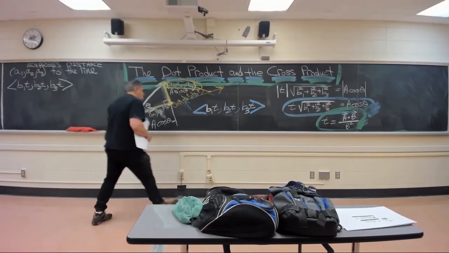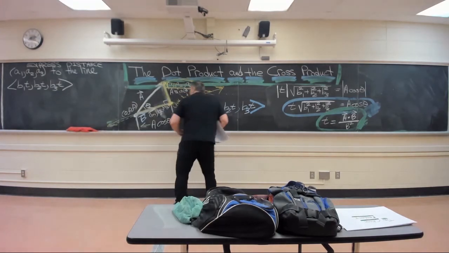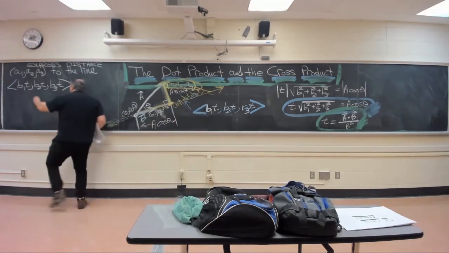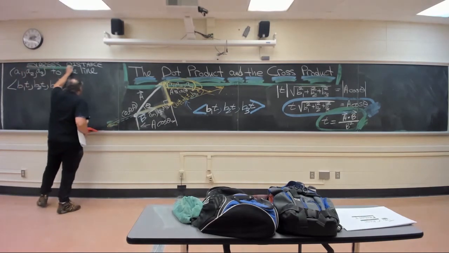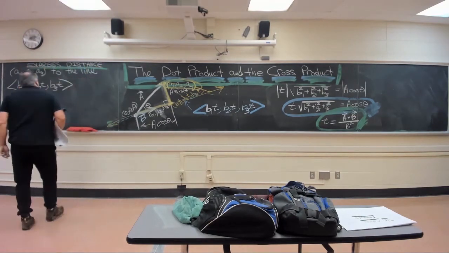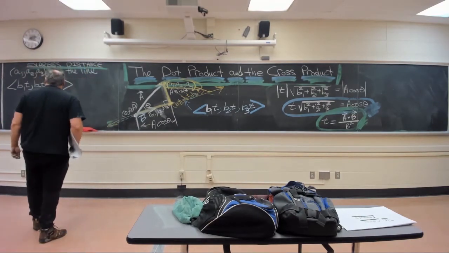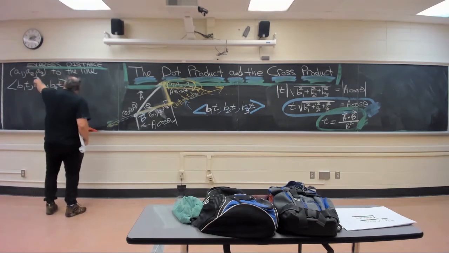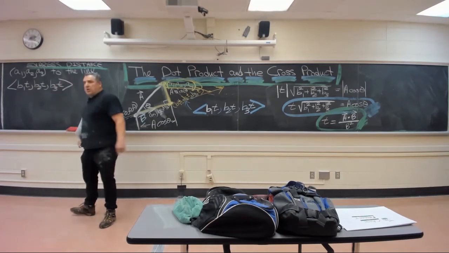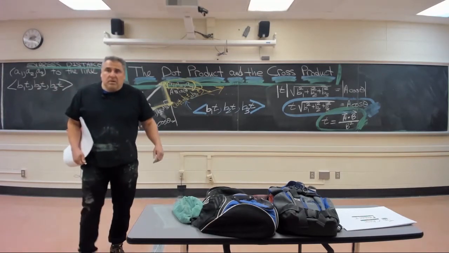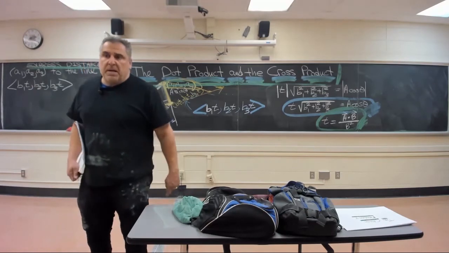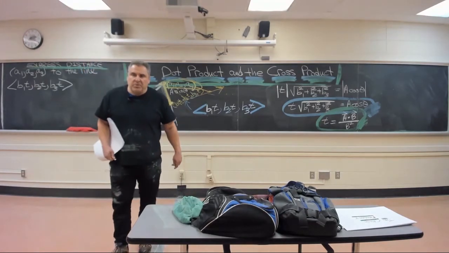Okay, so what are we doing? They want us to express the distance from the point A1, A2, A3 to the line defined by the vector B vector, which is shown to be B1t, B2t, B3t.